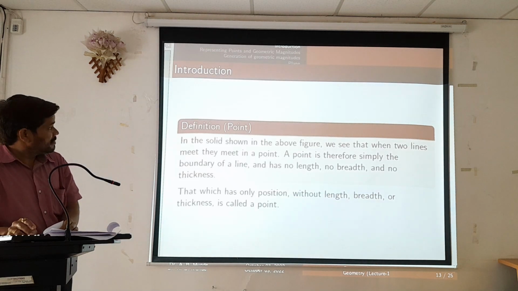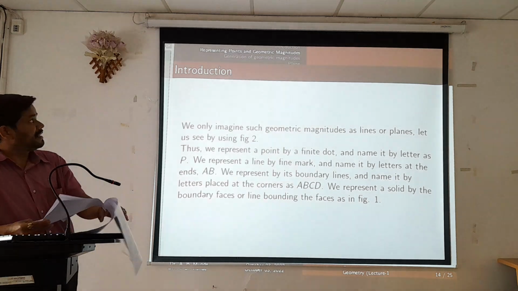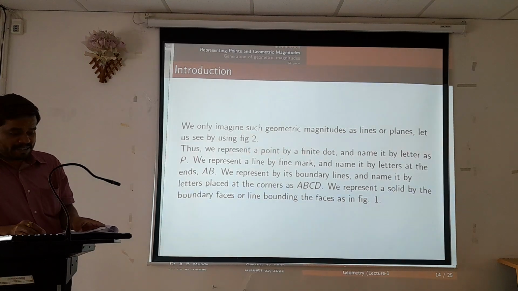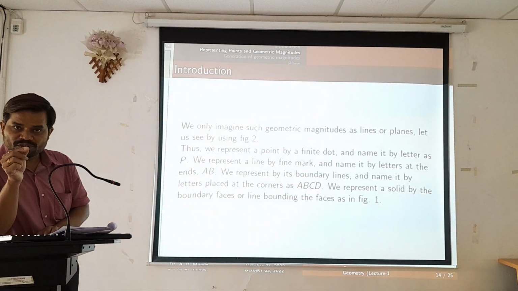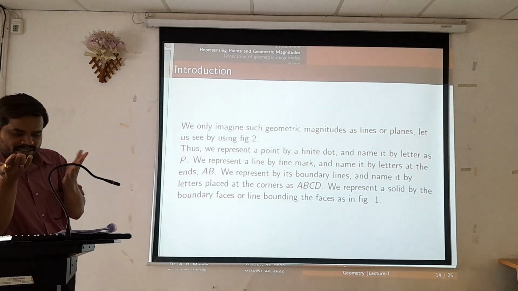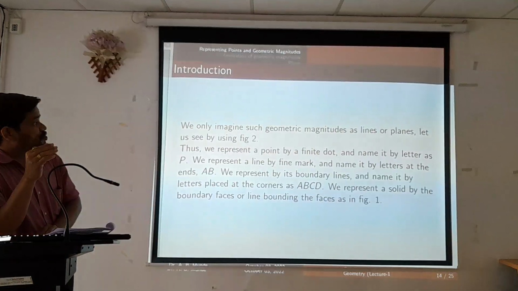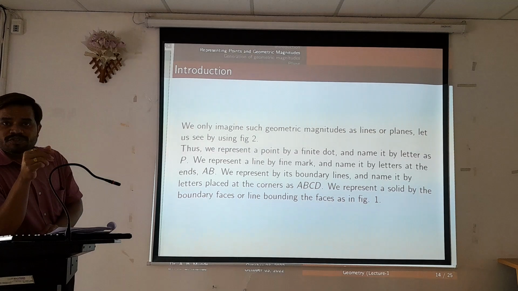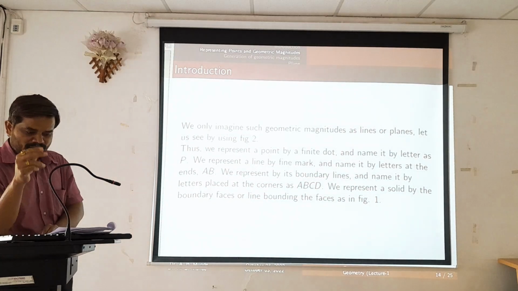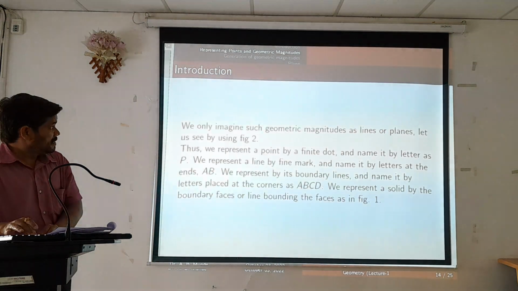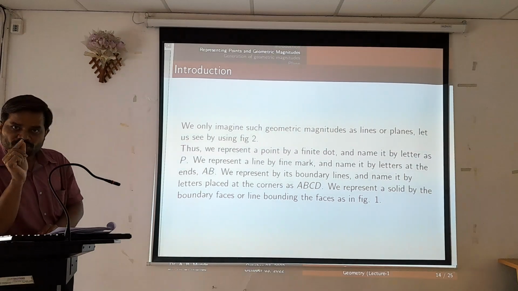Now look at here the next concept, representing the points and geometric magnitudes. आता ते represent कसे करायचे? Although we only imagine such geometric magnitudes as lines or planes, let us see by using the next figure. This one, we represent a point by a finite dot.